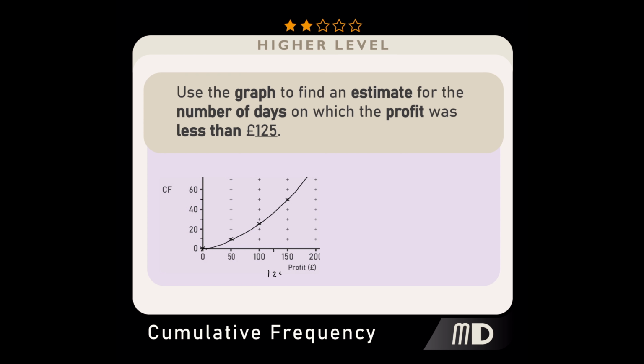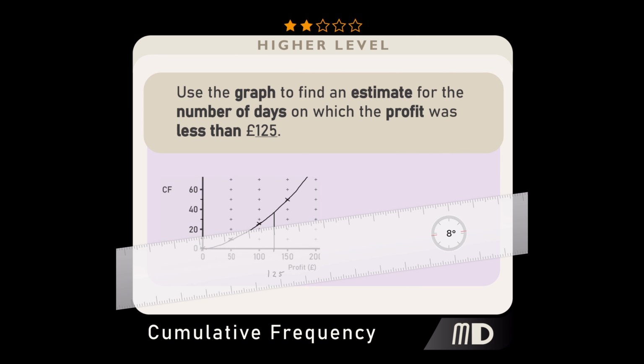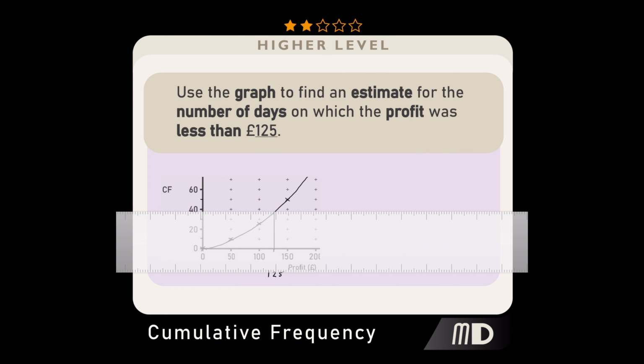Then we need to draw a vertical line from 125 up to our cumulative frequency curve. Before drawing a horizontal line across to the y-axis, the cumulative frequency axis.